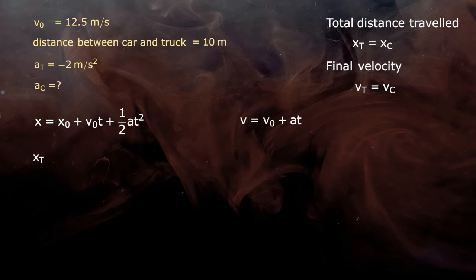For the truck, as we discussed, the initial position is 10 meter, that is the distance from the reference point, the car. The initial velocity of the truck is 12.5 meter per second and acceleration is minus 2 meter per second square.